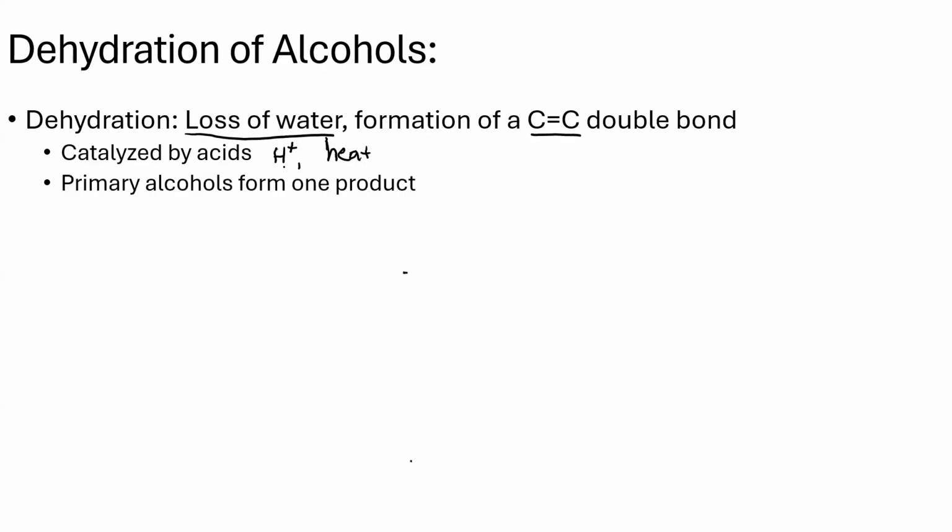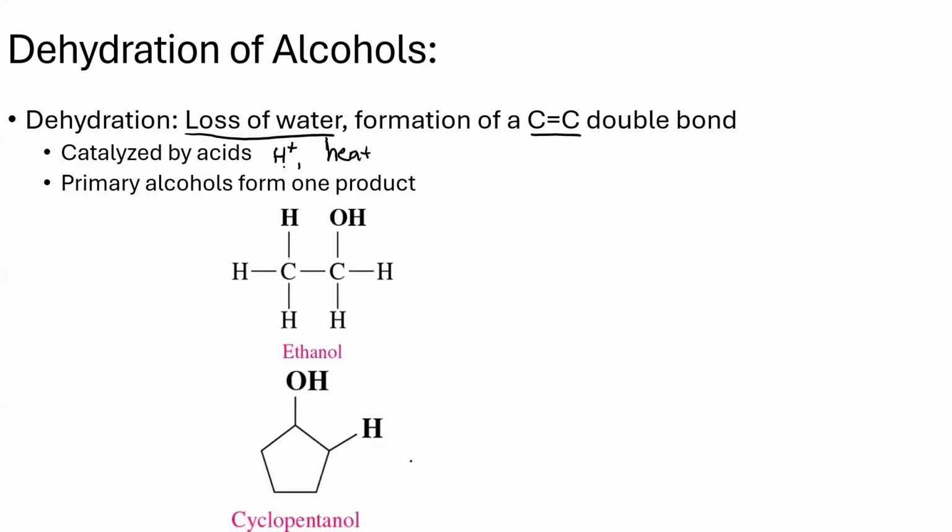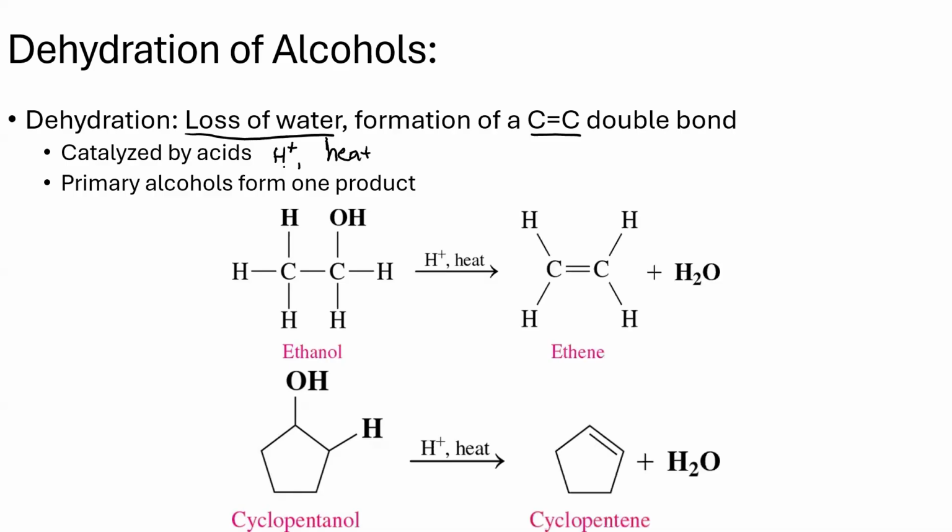Now, primary alcohols only form one kind of product. If we look at these two primary alcohols, we have ethanol on top and cyclopentanol on the bottom. When we add acid and heat, we form a double bond across the carbons involved. These are primary alcohols because the carbon attached to the OH is only attached to one other carbon.